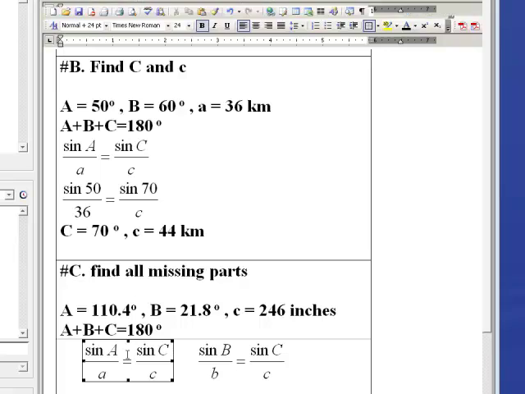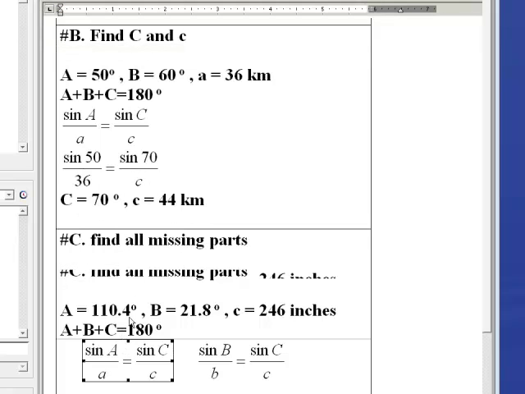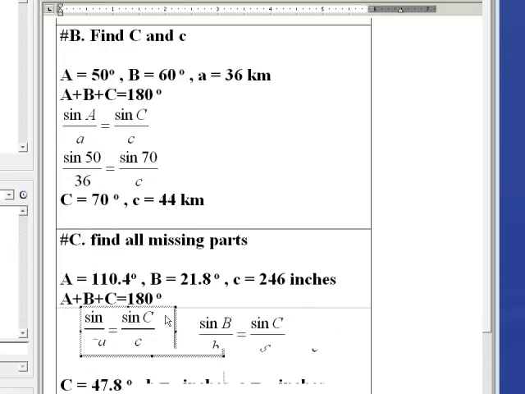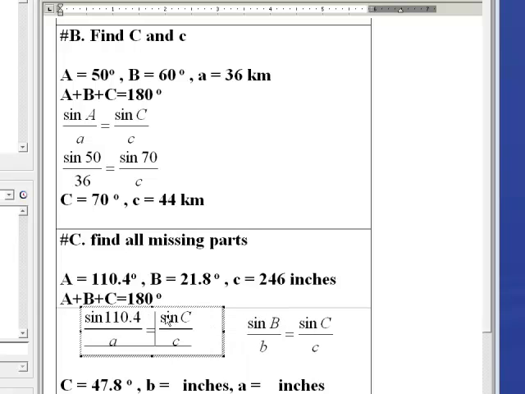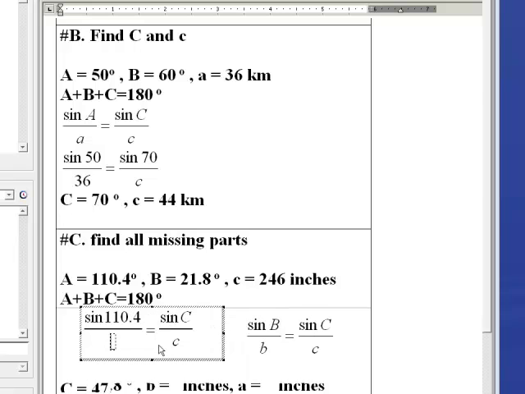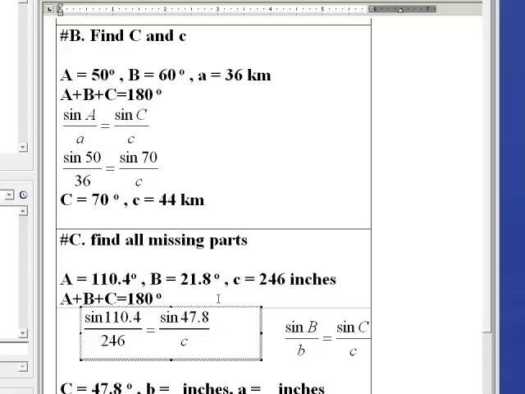So I'm going to do this one here. For example, 110.4 divided by 246. The angle C is 47.8. And the side c is 246. Oops, there's my mistake. I don't know the side a. There we go. Now I solved for the side a.